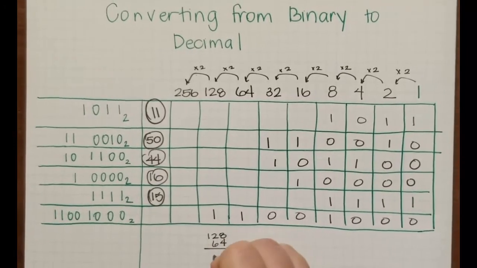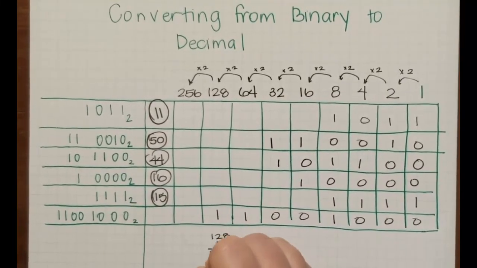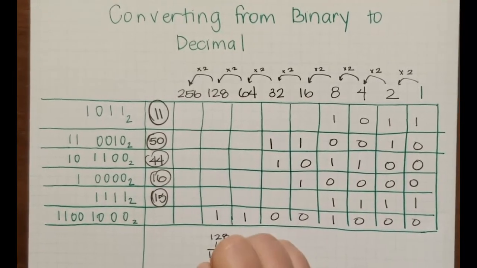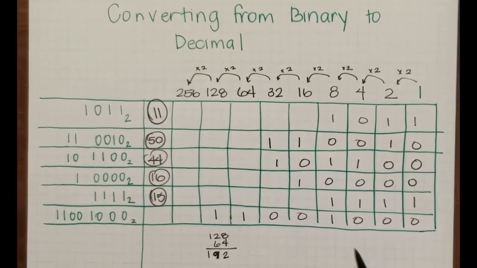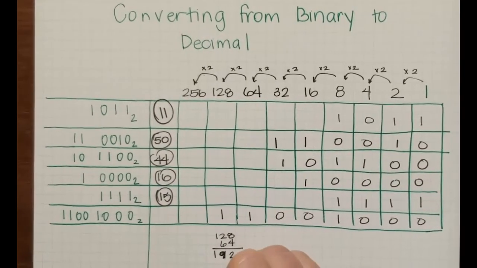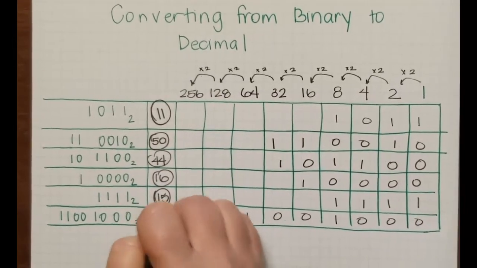So 12, 7, that's not right, that's 9, sorry, 192, okay? Plus 8, that's 200. So this one would be 200.